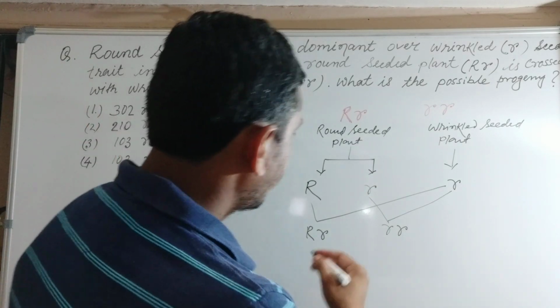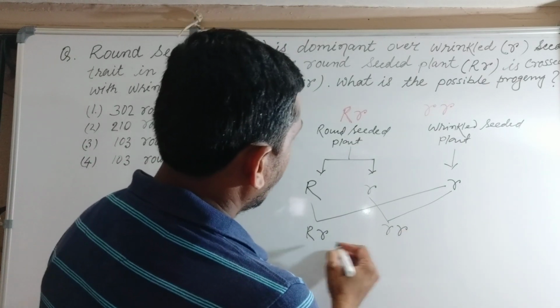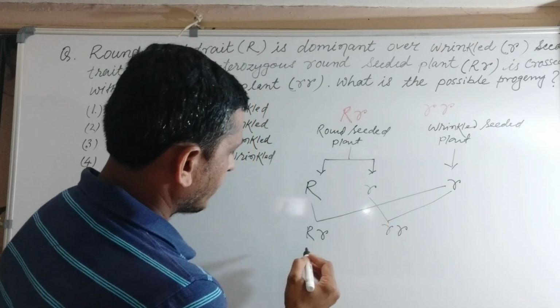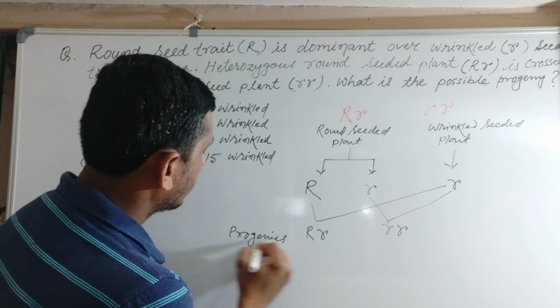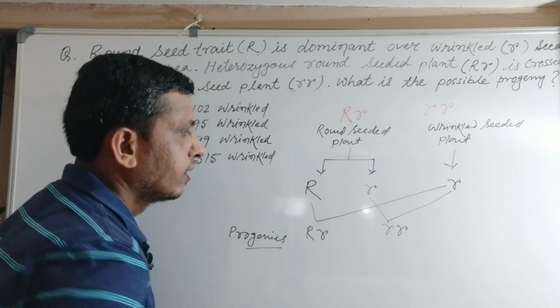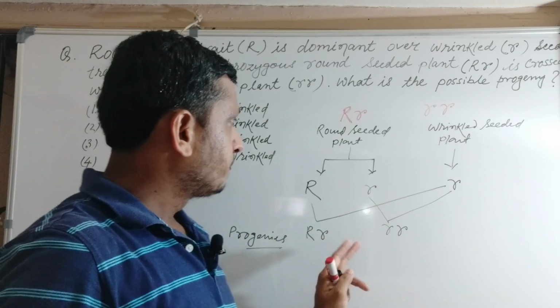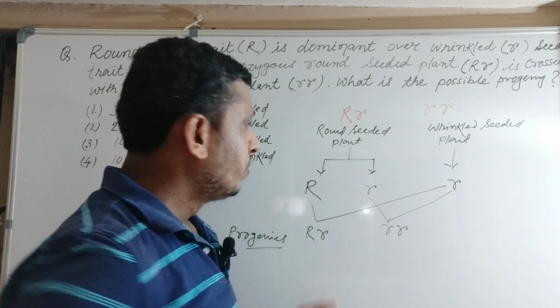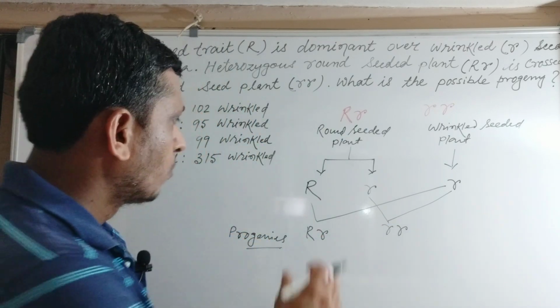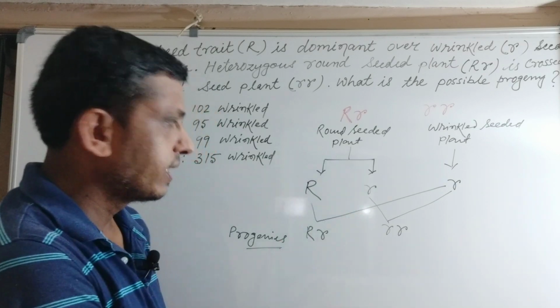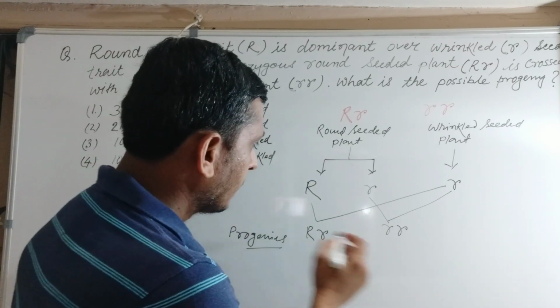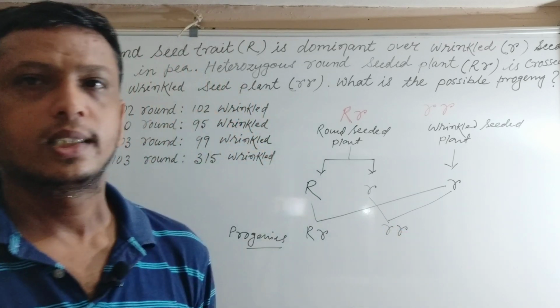So now these are the possible progenies. Now see, we are getting two types of progenies. One is capital R, small r, that is heterozygous dominant, and another homozygous recessive.